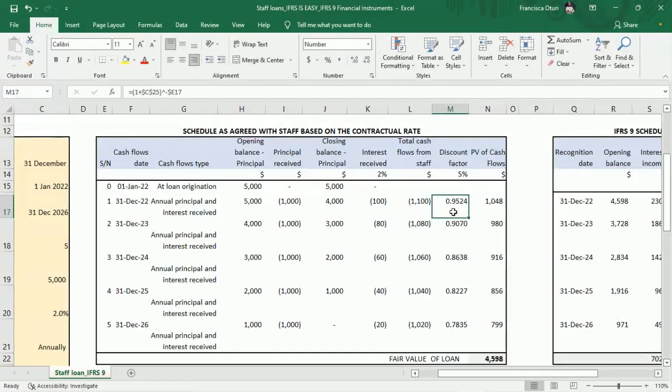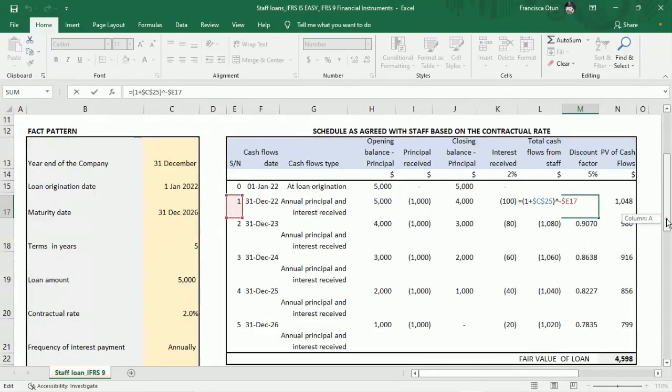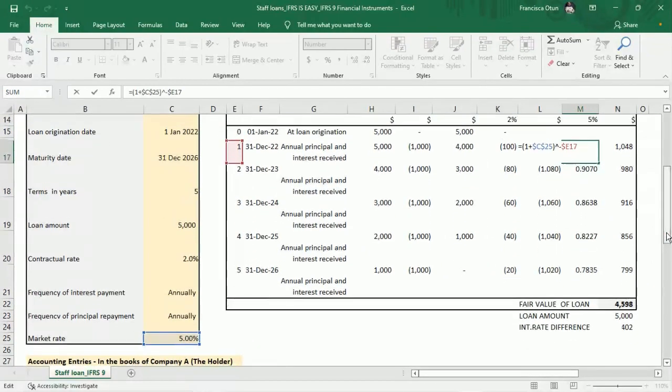To do our discounting, if you remember our present value computation from our university days, it is 1 plus r raised to the power minus n, which is what we have done here. The r here is the interest rate, which is 5%. If you scroll down here, you will see it is linked to this 5%.